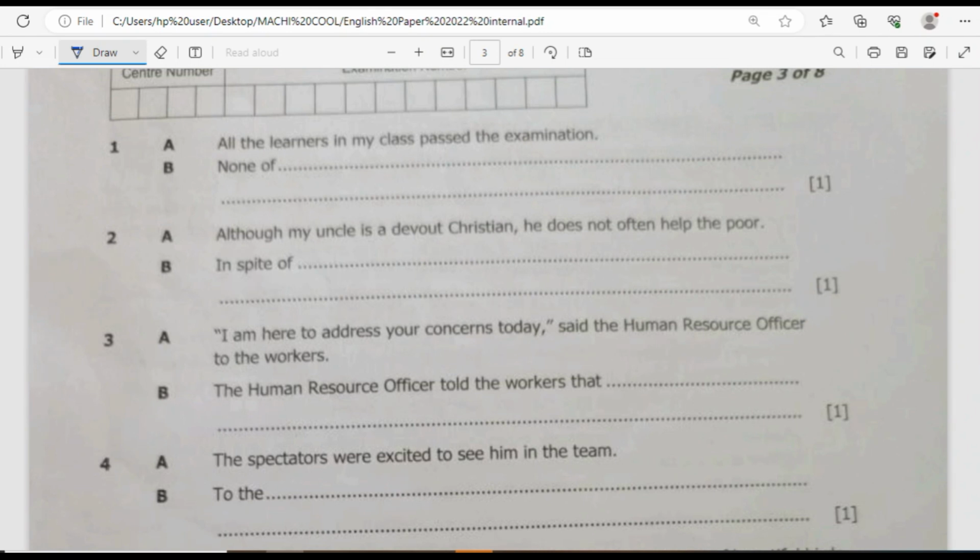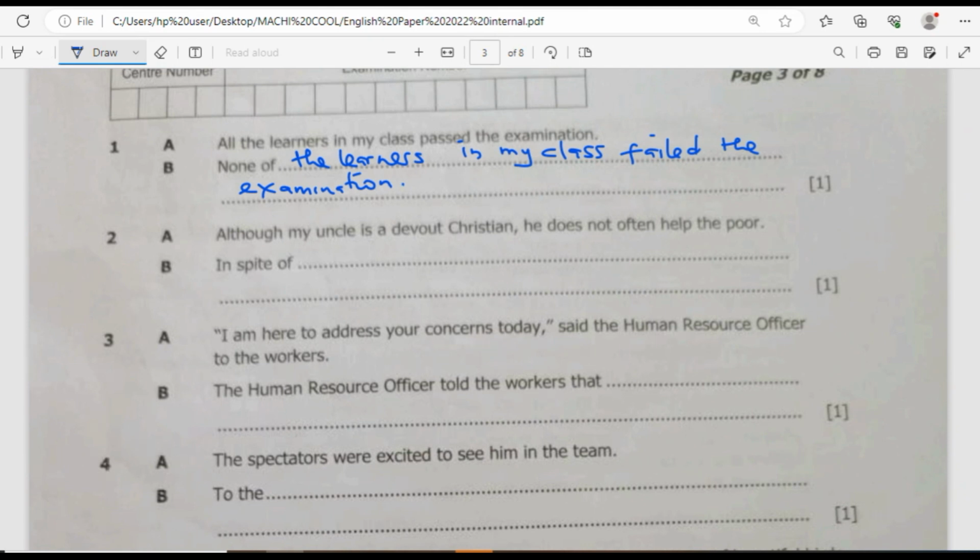So we are saying that none of the learners in my class failed the examination. Okay, let us move to the second one.